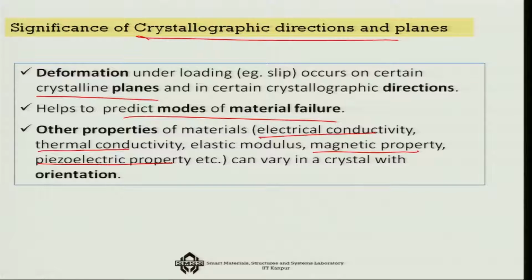All these properties vary in a crystal with the orientation, and hence a quantitative way of defining the crystal direction helps us to make clear what the values of these properties are and how they vary from one direction to the other.